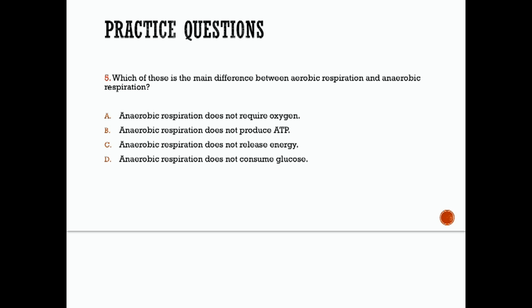Anaerobic respiration occurs in the absence of oxygen. So, both processes consume glucose, they both produce ATP and release energy. All right, so that's going to cross off your other choices, and you are stuck with A. Anaerobic respiration does not require oxygen.